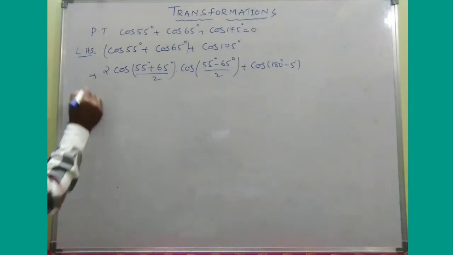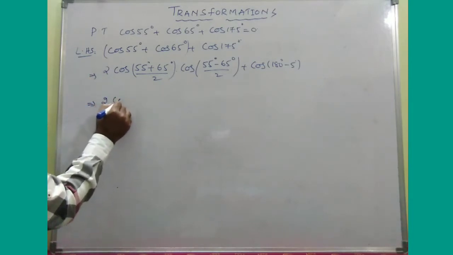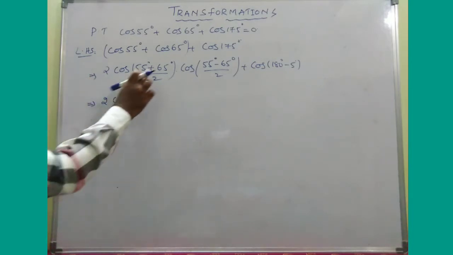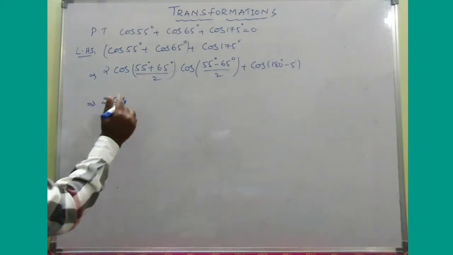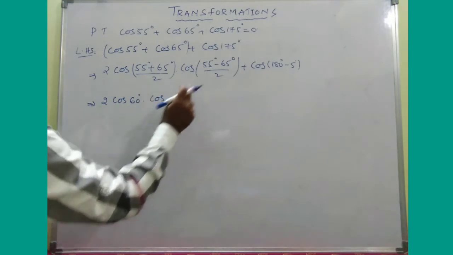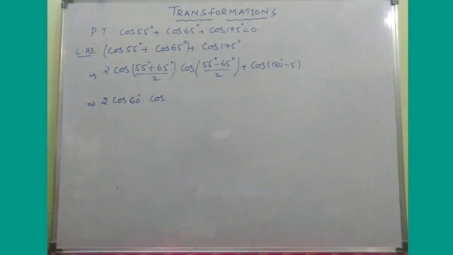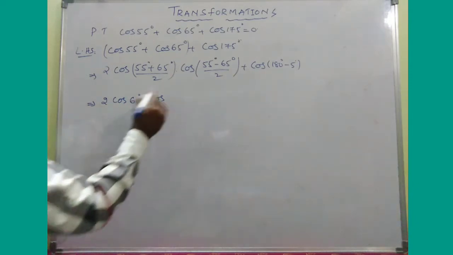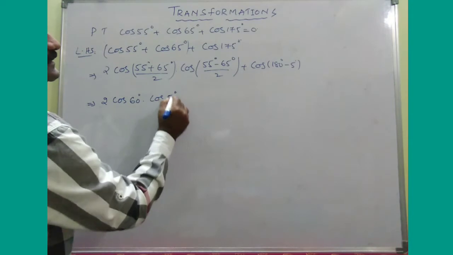Isn't it? So this is 2 into cos of 120 by 2, 60 degrees, into cos of minus 10 by 2, minus 5. But anyhow, cos of minus theta is cos theta, no? So let it be cos 5 degrees.